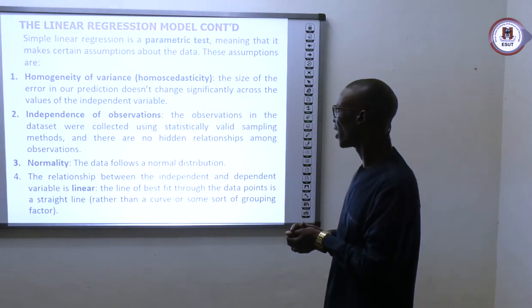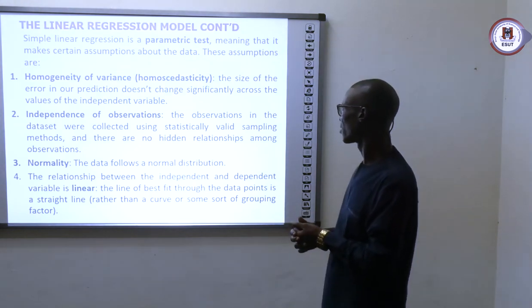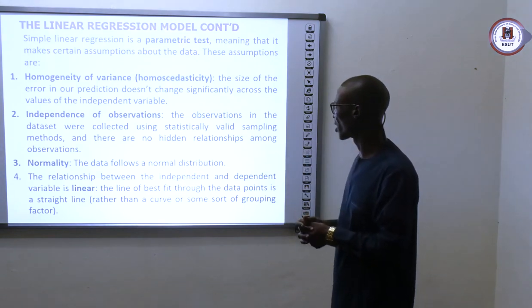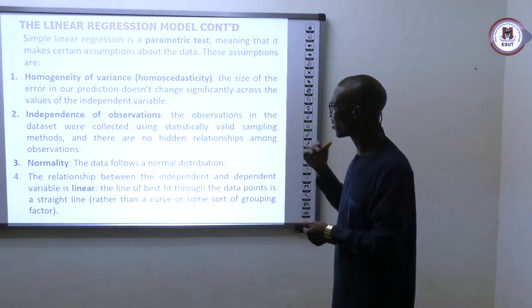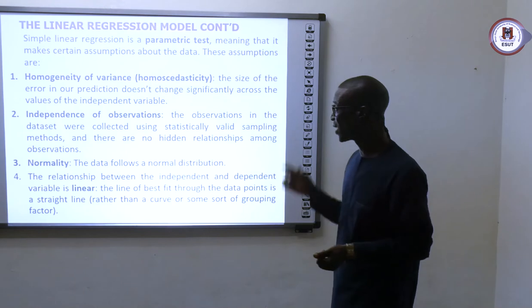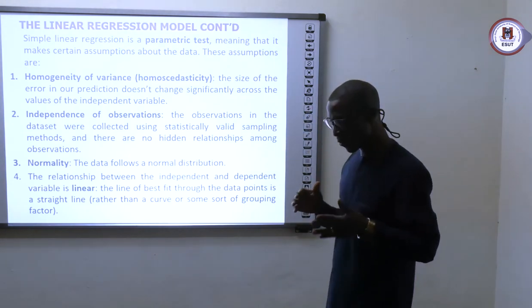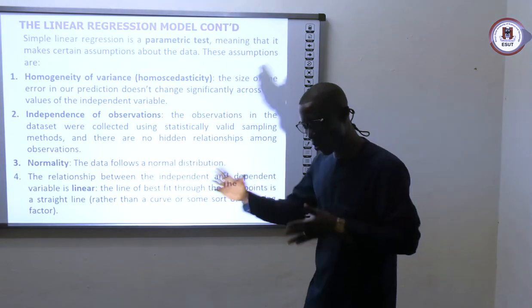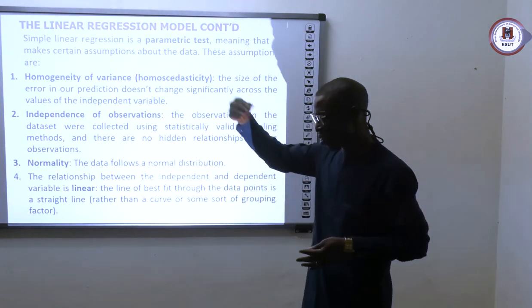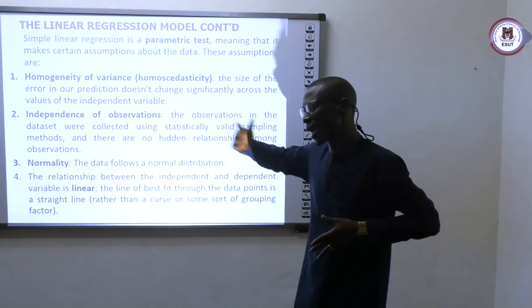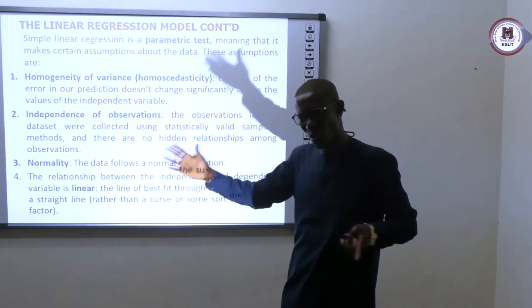Then we have homogeneity of variance or heteroscedasticity. In regression analysis, that is why I said that the error term is key. Here we are talking of the constant variance of the errors of all those variables. Are they constant over time or do they vary over time?